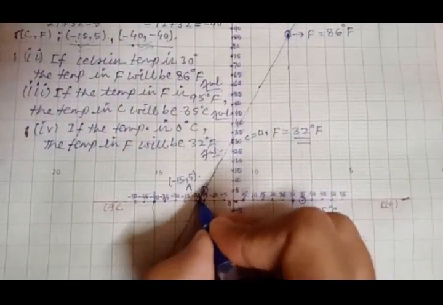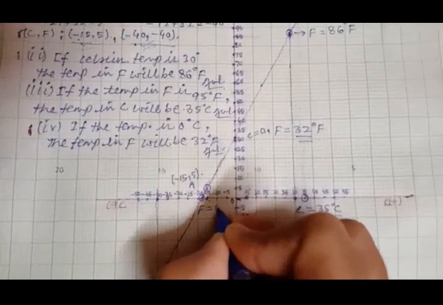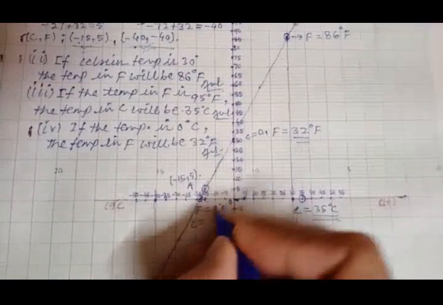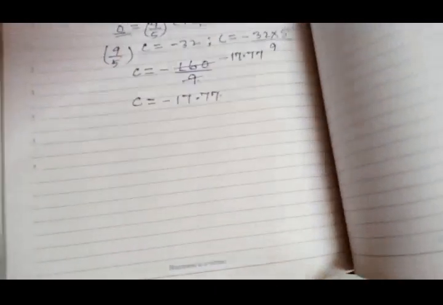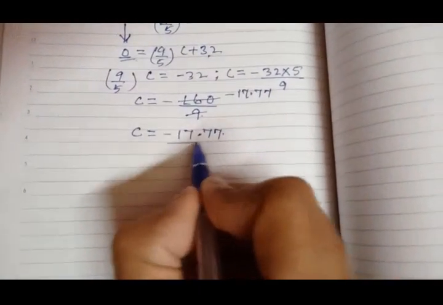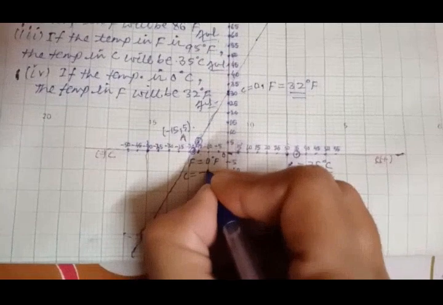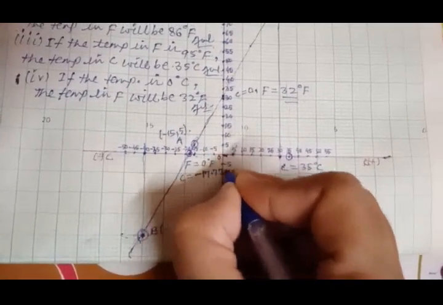For this point, obviously the Fahrenheit reading is 0 and the Celsius reading you found is very close to -15, which proves that it would likely be -17.77 degrees Celsius.